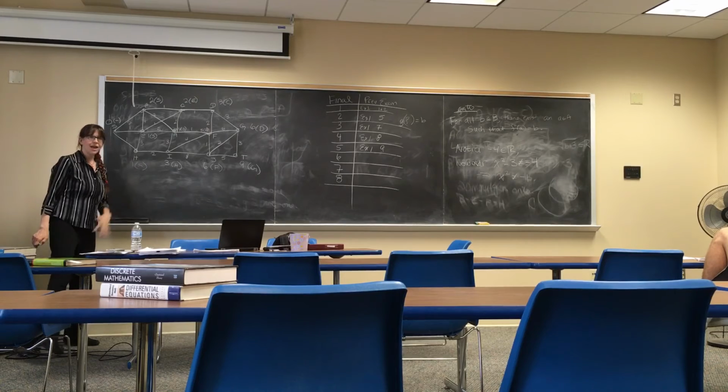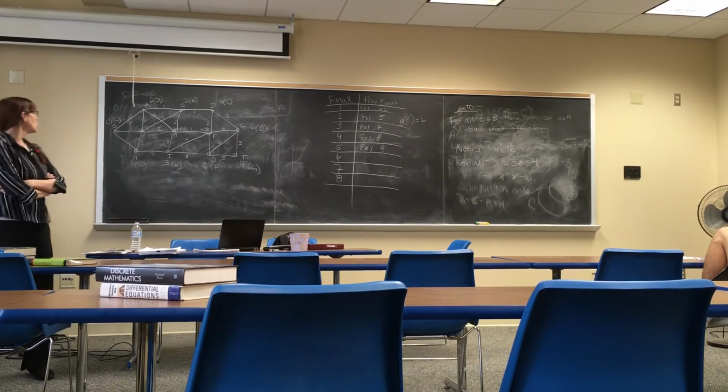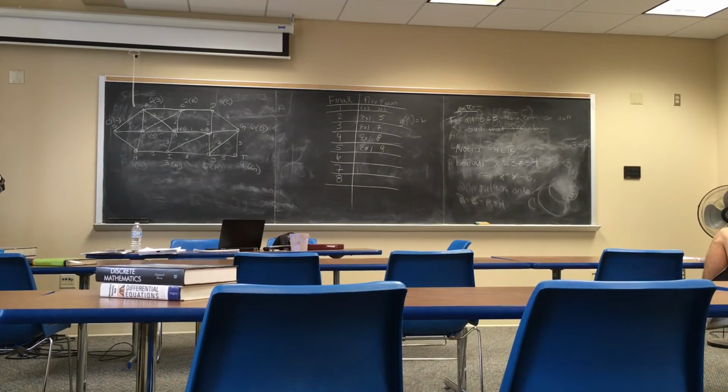So now I could say, hey, Stephen, what's the shortest distance from S to F? Did you see F? What's his label? F, that's 6. No, wait, it's a 5.